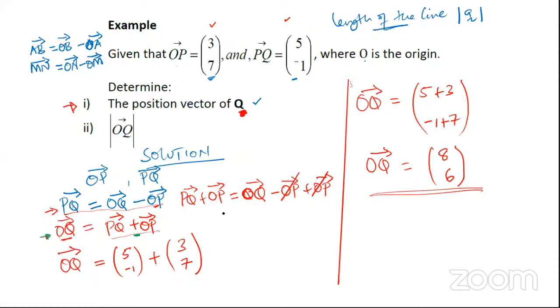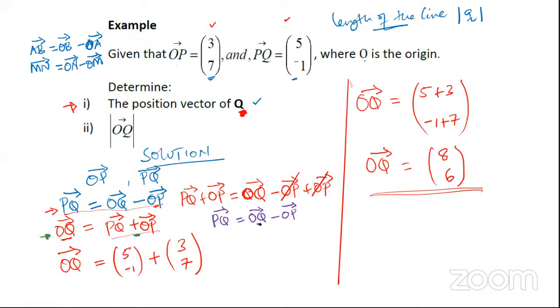The original one is PQ, which we said is equal to OQ minus OP. Understood this? Now, we want to remain with only OQ.